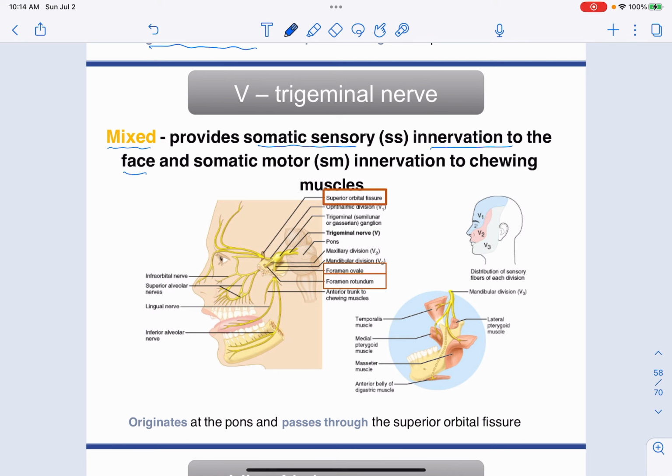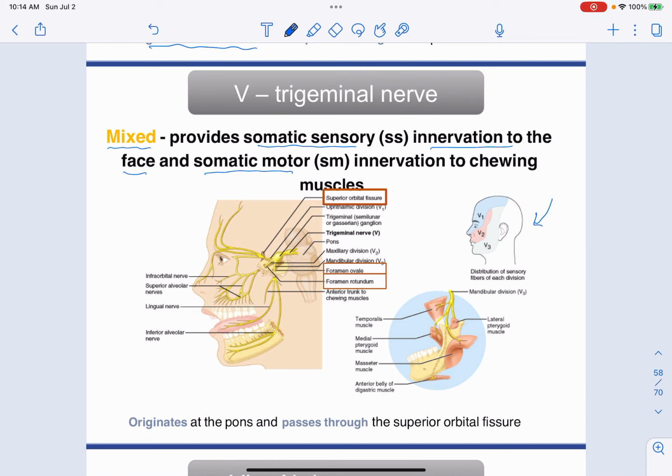We're going to get sensation on our face, and that is going to be transmitted by the trigeminal nerve. It also carries somatic motor information. So it's going to innervate the chewing muscles.